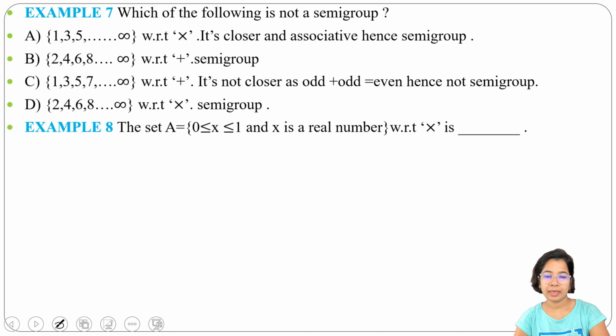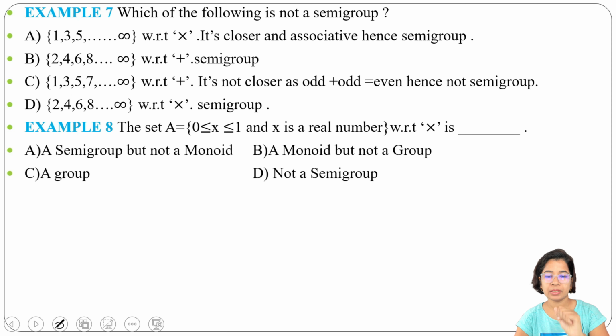Next, example 8. This set A: 0 less than or equal to x less than or equal to 1, and x is a real number, with respect to multiplication. So it is saying this set contains all the real numbers between 0 and 1. The binary operation is multiplication, and there are 4 options. So just check, is it closure?